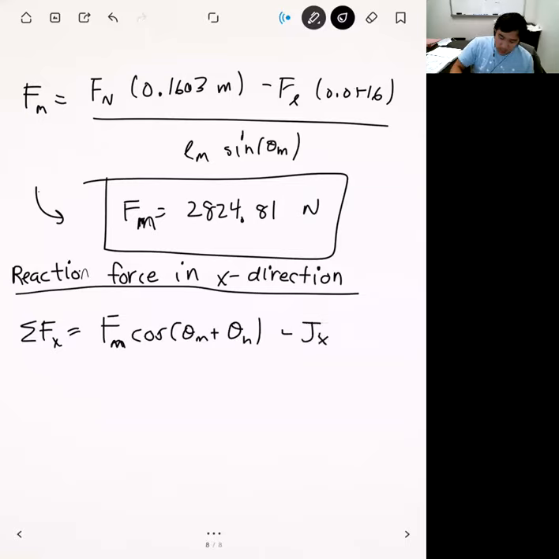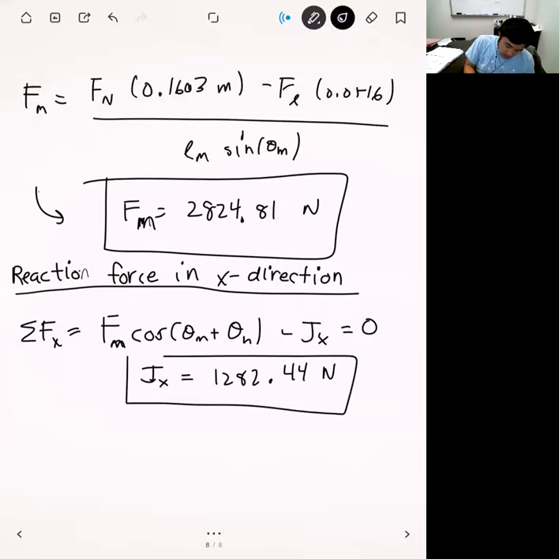And just because I know the joint reaction force is going to be pointing to the left, because Fm is the only one going to the right, I'm going to put a negative Jx there. And we plug in for Fm that we just solved for, and we get Jx is equal to 1282.44 newtons.